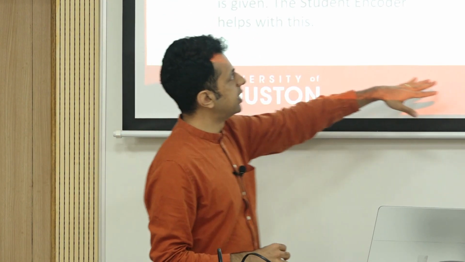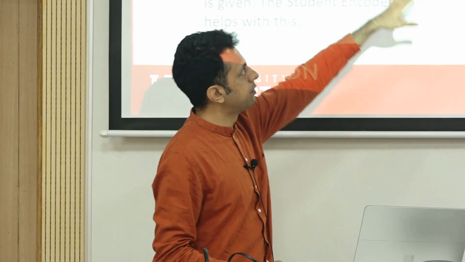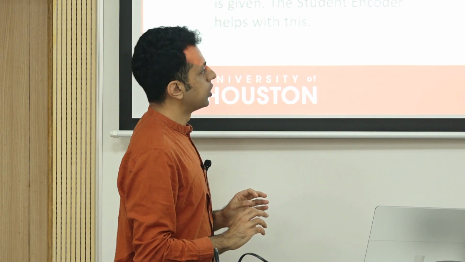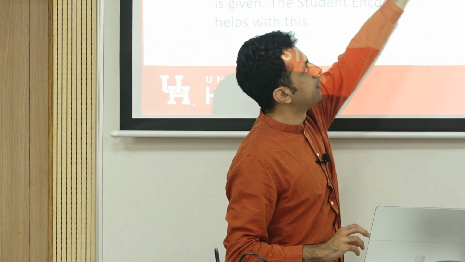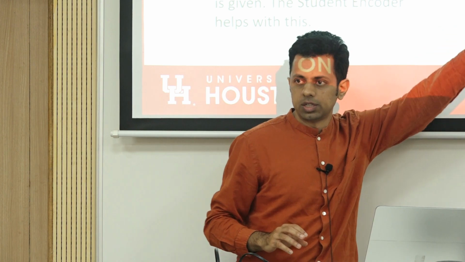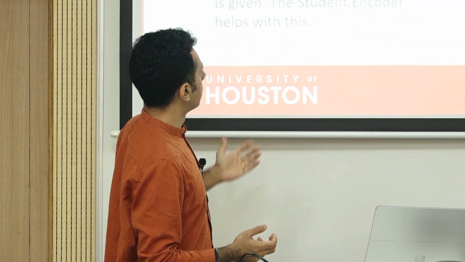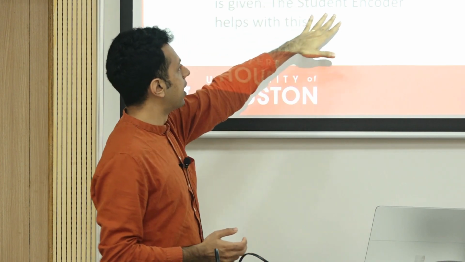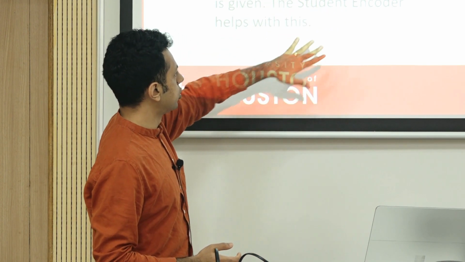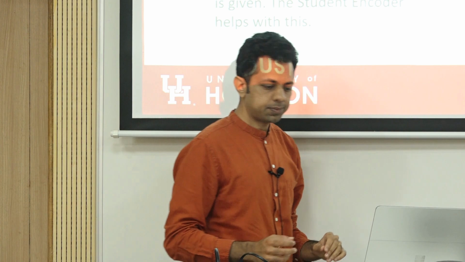And if the student decoder is attentive to those changes, then it can point to where those changes are. So if the student decoder is more sensitive to changes, then it's going to be able to do a better job. So we want large perturbations to occur when an anomalous image is given, and the student decoder helps with this.